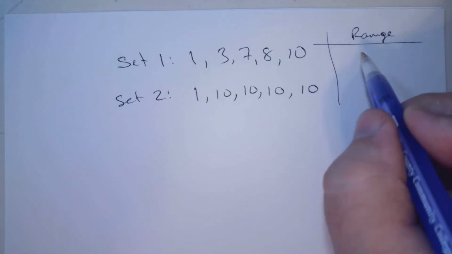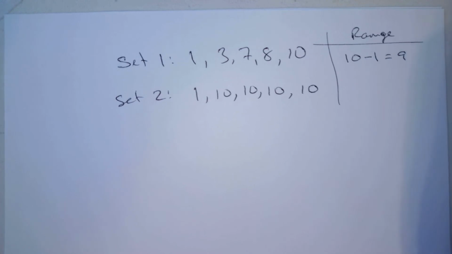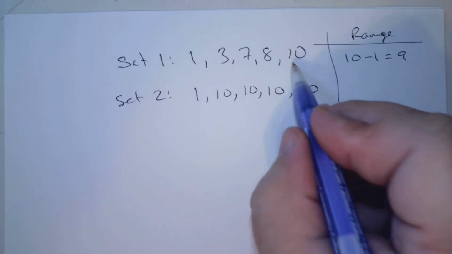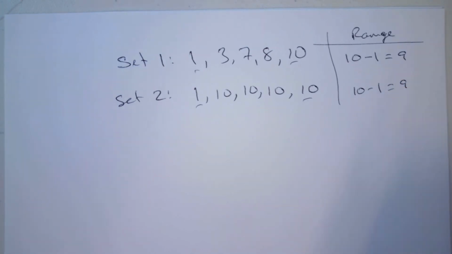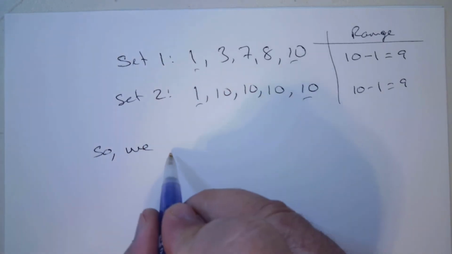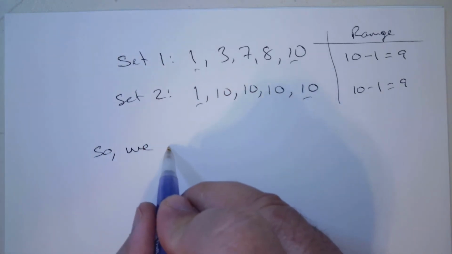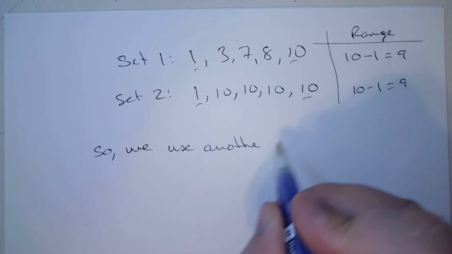The range is the highest number minus the smallest number, which is 9. So again, the range at this point doesn't tell us too much. So we use another measure.